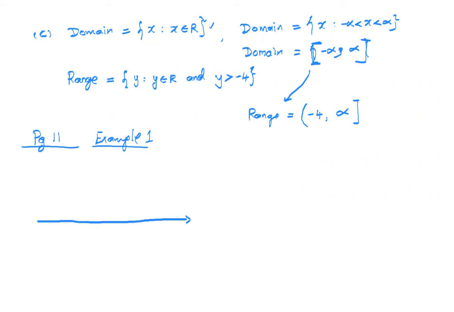Every time when you sketch a graph, this is your y equal to 1. Definitely the graph will not touch y equal to 1. Your textbook does it in such a way that it goes very close. So when we sketch, we will try our best to show that it doesn't touch.